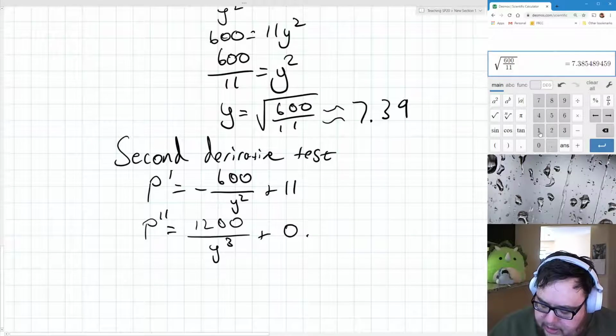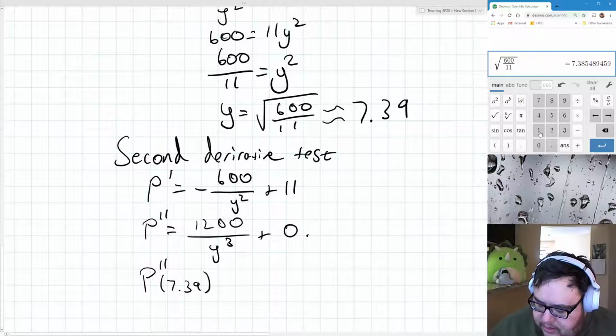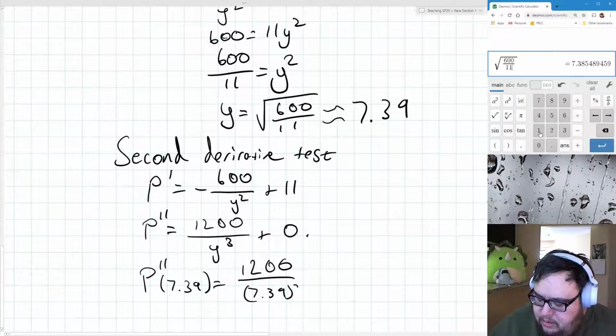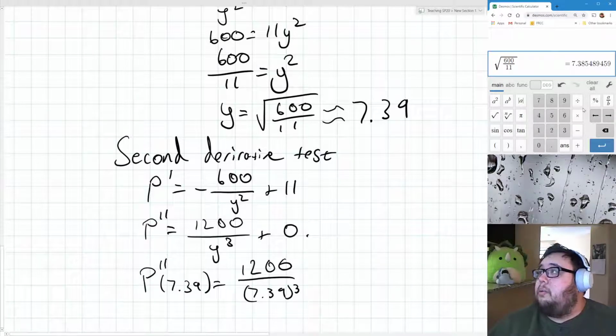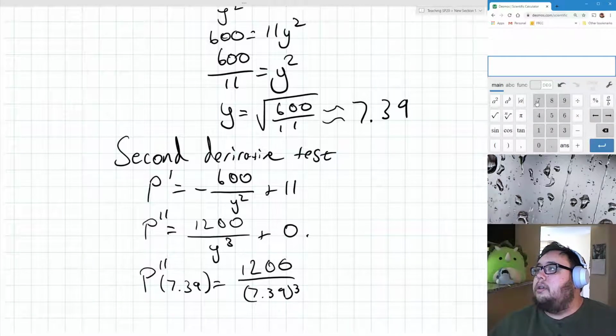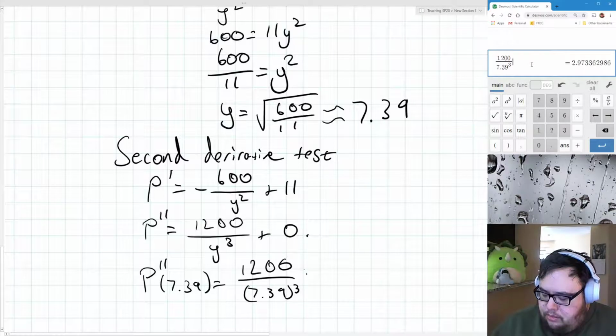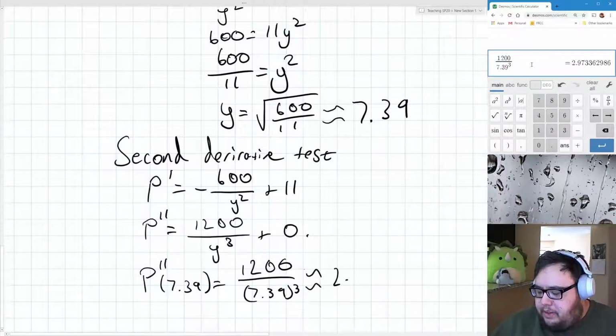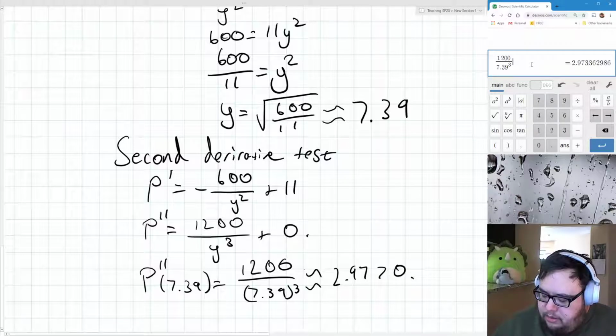And when we plug in P double prime of about 7.39, we can plug that into a calculator if we want to. 1200 divided by 7.39 to the power of 3, and we get about 2.97, which is certainly positive, right?